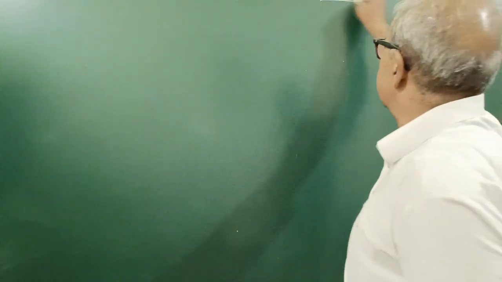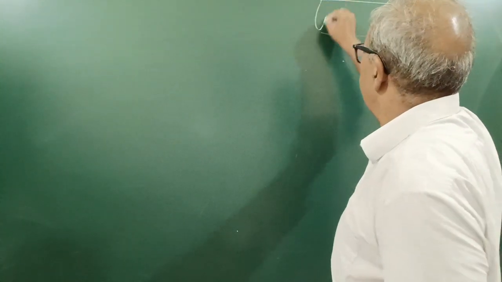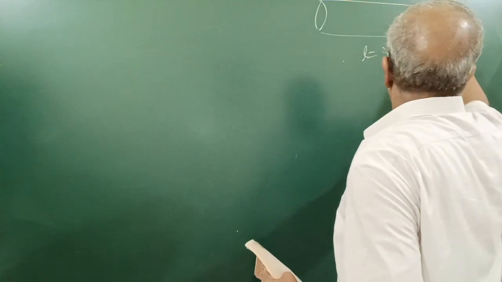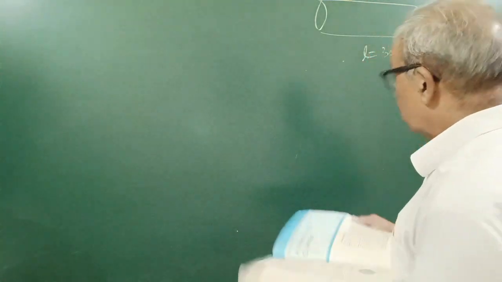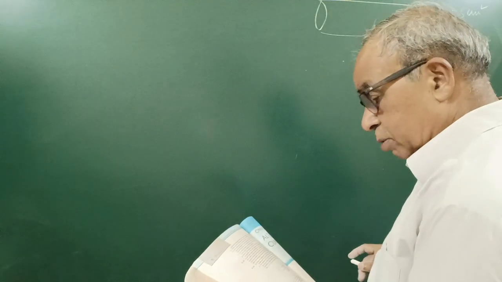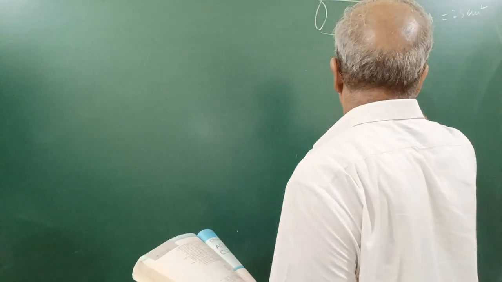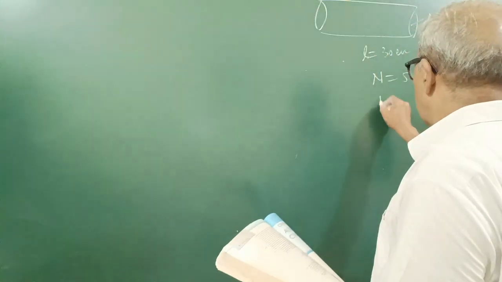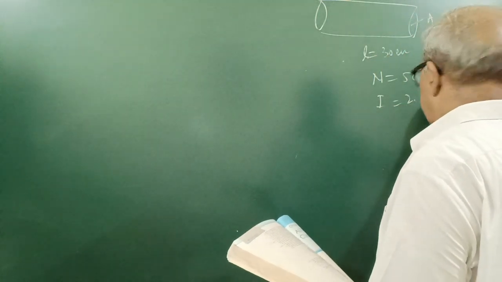Every time for new things which you are discussing, you are taught the ways, follow the way. There is question 6.15 of the NCERT book. Here we have an air-core solenoid which has length 30 centimeter, area 25 centimeter square, number of turns 500, and carries a current of 2.5 ampere.